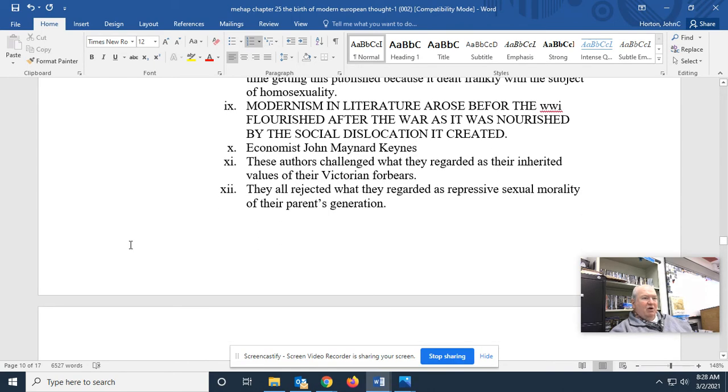Modernism in literature arose before, and it flourished after the war as it was nourished by the social dislocation it created.